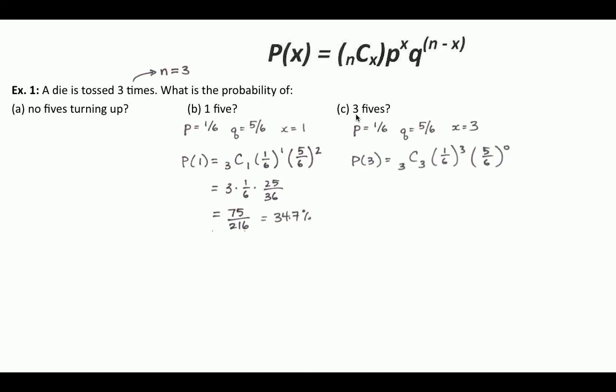Well, here the probability of 3 5s is 3 choose 3 times 1/6 to the power of 3 and 5/6 to the power of 0, because we want 3 successes and no failures exactly. So the exponent on the failures is 0. And this is exactly 1 in 216. So this isn't even half of a percent probability. This is a very, very small probability.